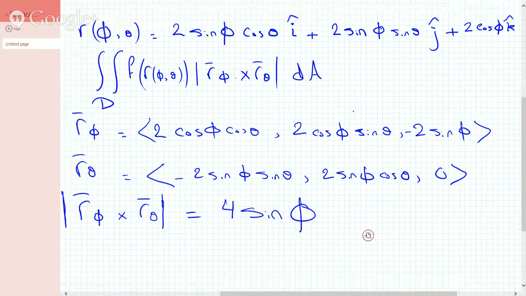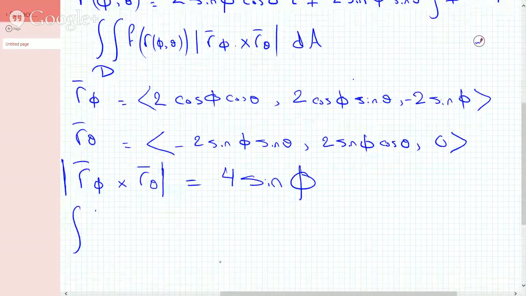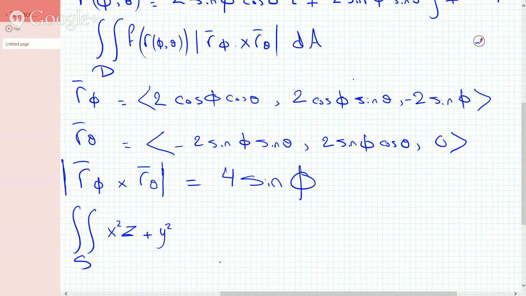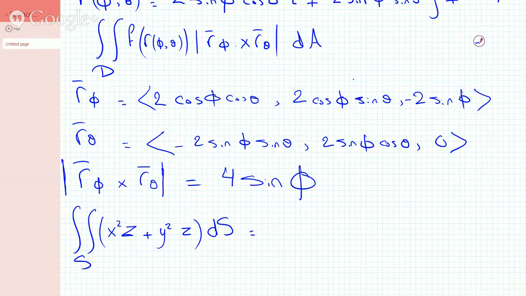And now all we have to do is plug everything back in. So our original integral is the surface integral of x squared z plus y squared z dS. So we can turn this into 4. Now we replace x with its value in spherical coordinates, rho sine phi cosine theta. So x squared becomes, and I can factor the z out of these two.